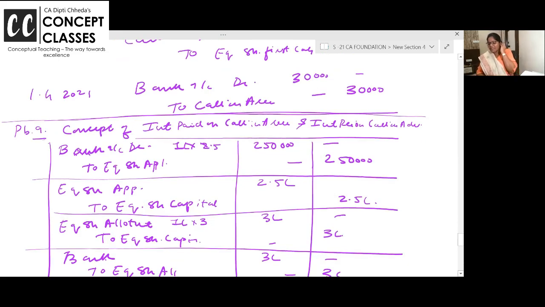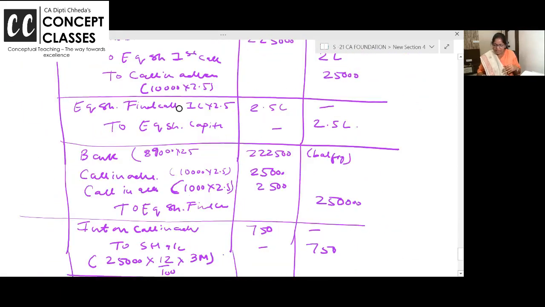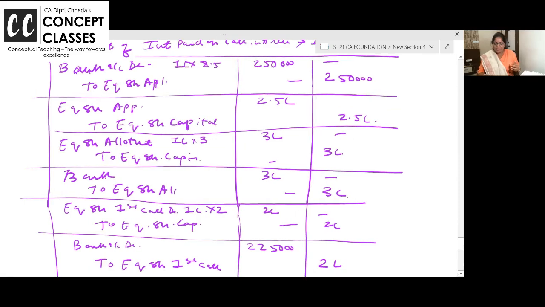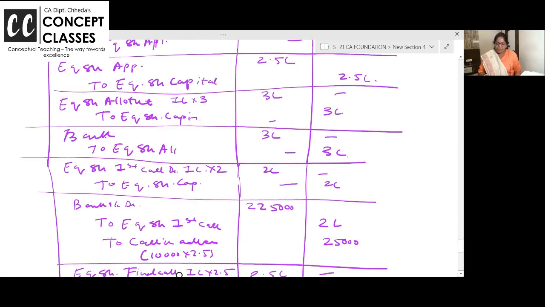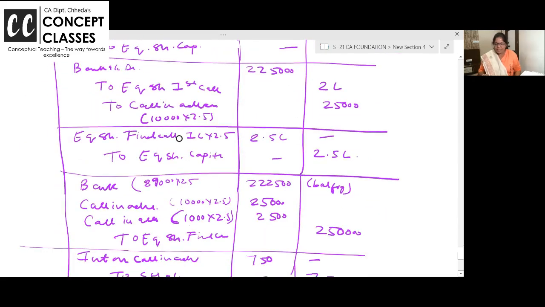Now some of you may be thinking, ma'am, in other chapters you teach the concept and then do practice. But in this chapter, even in the 9th problem, when we are doing call in advance and all, this whole flow is already revised: application due and received, then allotment done, allotment due and received, first call due and received, final call due.